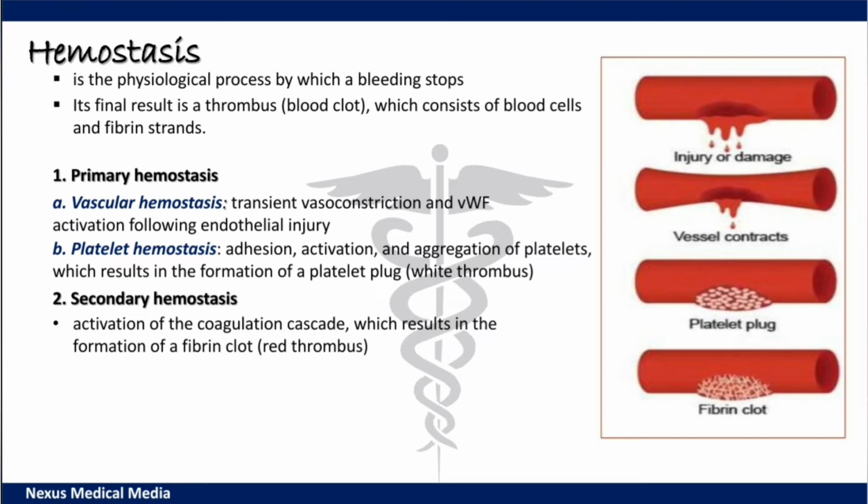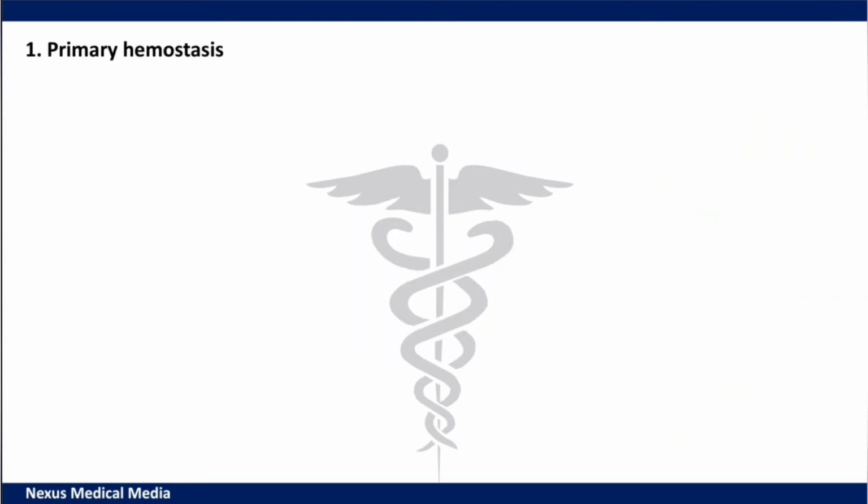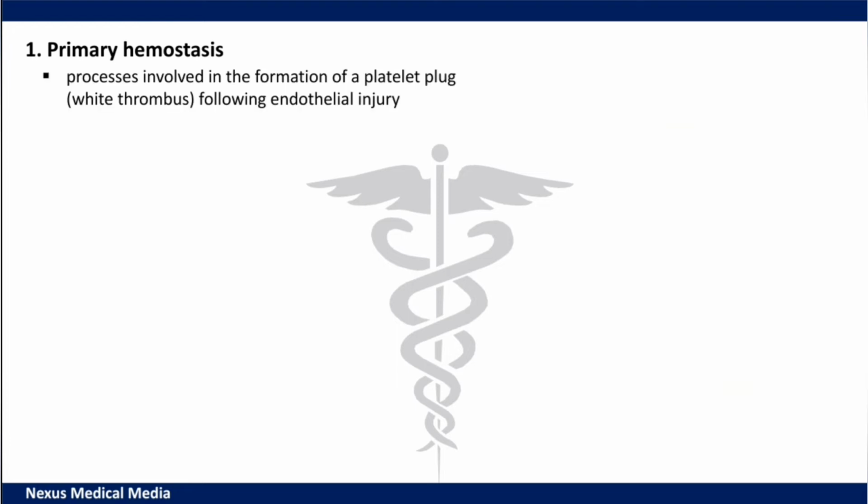Right, so in primary hemostasis, you have a white clot, only platelets. In secondary hemostasis, this time you have a red thrombus or red clot. In this case, there is fibrin. Right, so let's focus on primary hemostasis. What is it again? This is a process involved in the formation of a platelet plug, white thrombus, following endothelial injury.